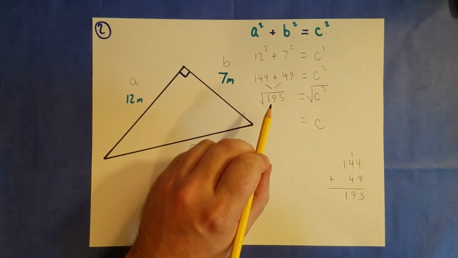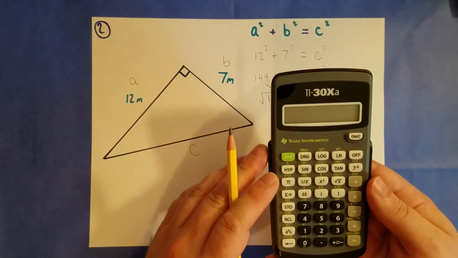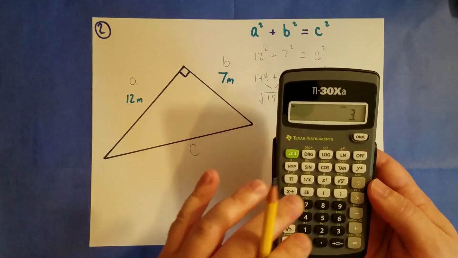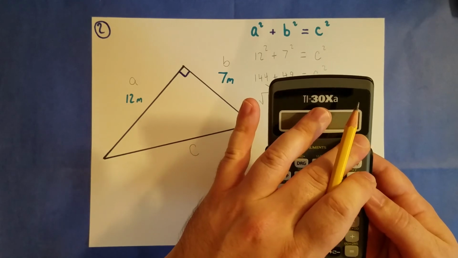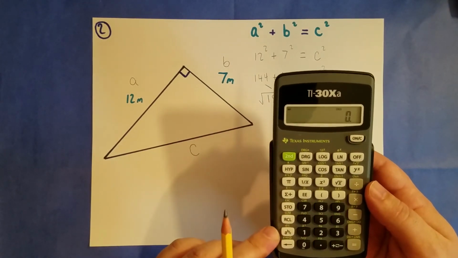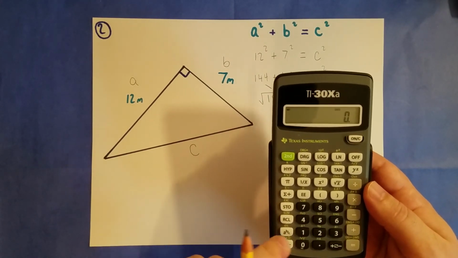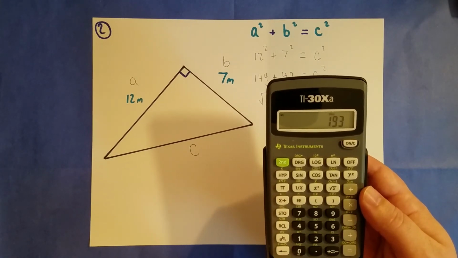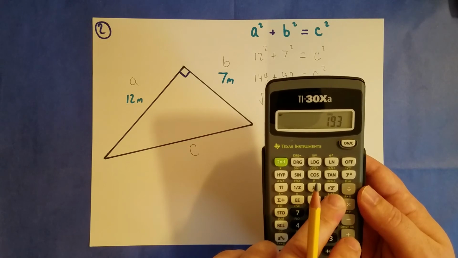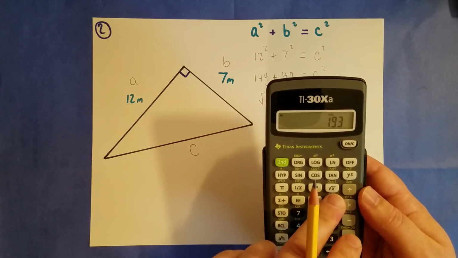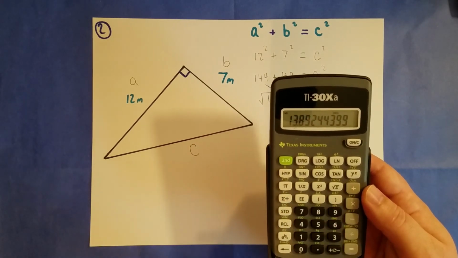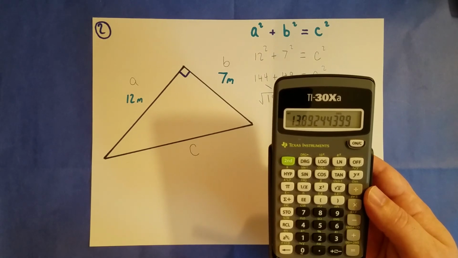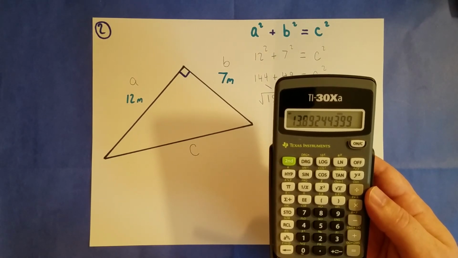I'm going to get my calculator out for this again because this is not mental math. So to find the square root of 193, all I do is enter 193 into the calculator and I press that square root key, which is right above my finger. It's the X with that square root symbol. The square root of 193 is 13.89.